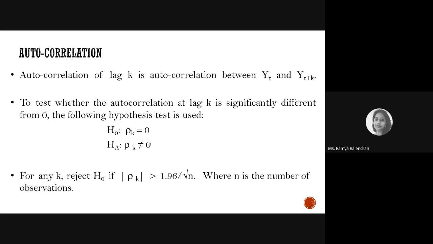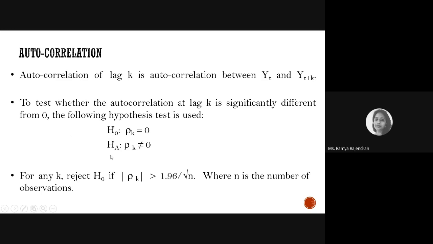Before that, how could you test whether your autocorrelation for a particular lag is 0 or not? Is it significant or not? For that we have to form a hypothesis, a null hypothesis and an alternate hypothesis.